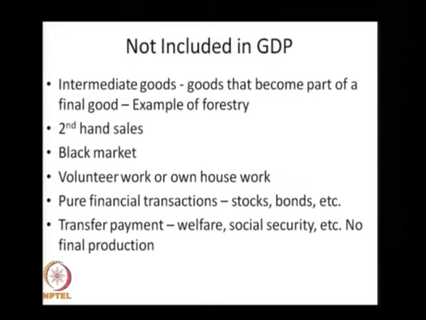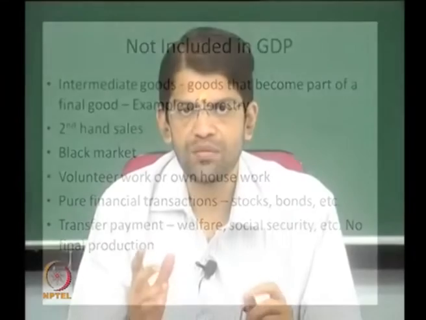Let me give a small example for you to understand this. Suppose I am a company engaged in forestry. I fell wood, cut trees and give the wood to somebody who finishes it in the form of furniture, and that company gives it to a retailer who sells this furniture to an end user.